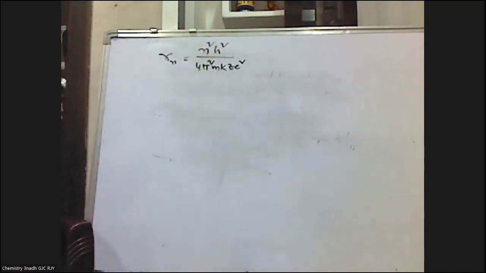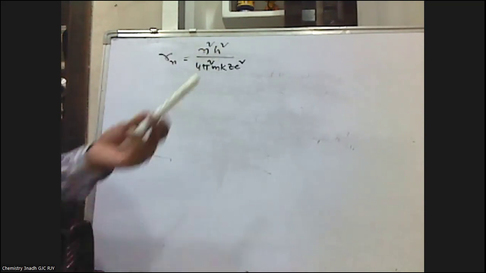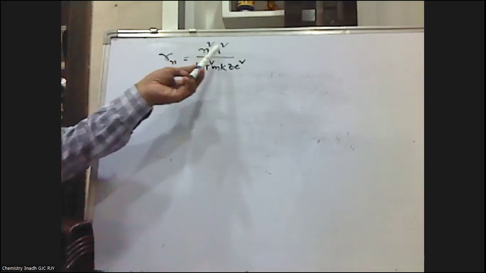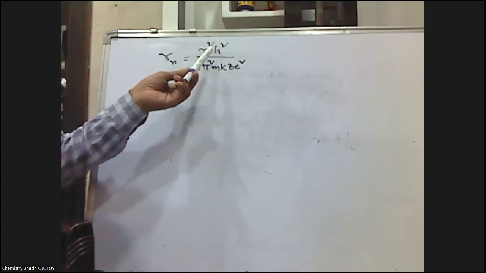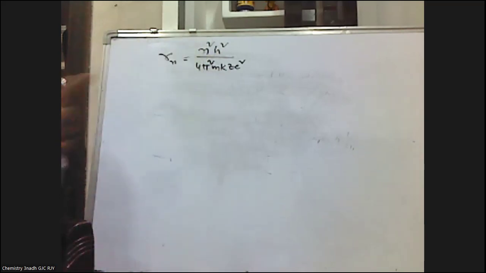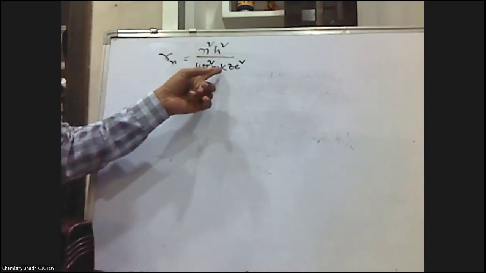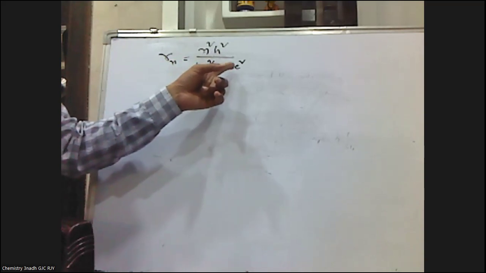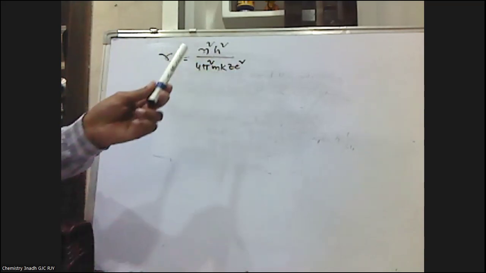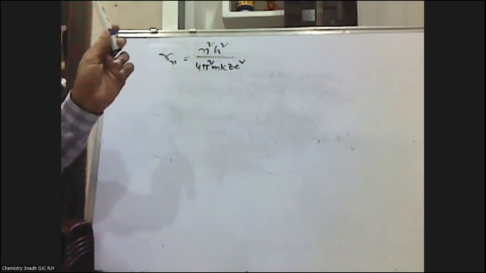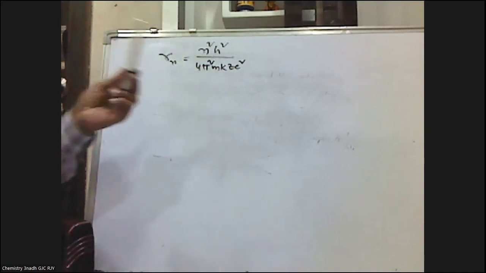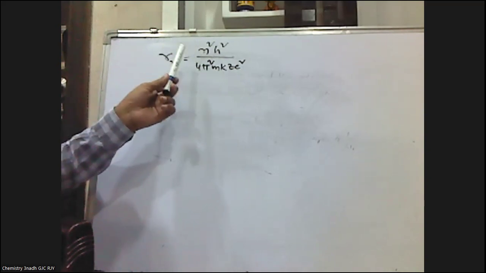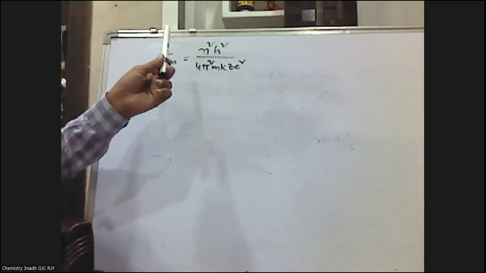This is the expression for the radius of the nth orbit, where n is the principal quantum number. For example, if it is the first orbit, n is equal to 1, second orbit, n is equal to 2. h is Planck's constant, m is the mass of the electron, k is a constant, z is the atomic number, e is the charge of the electron. This is the expression for the radius of the Bohr orbit.